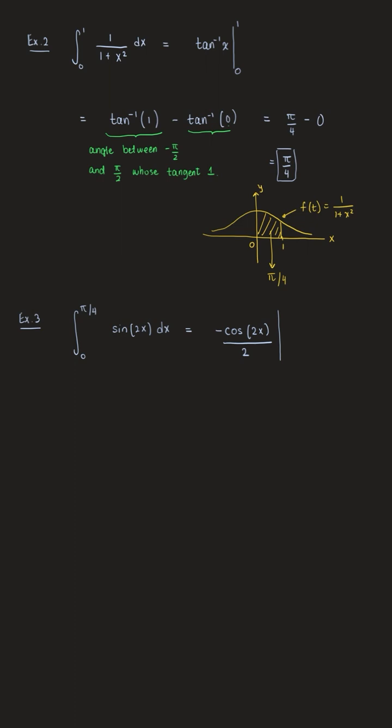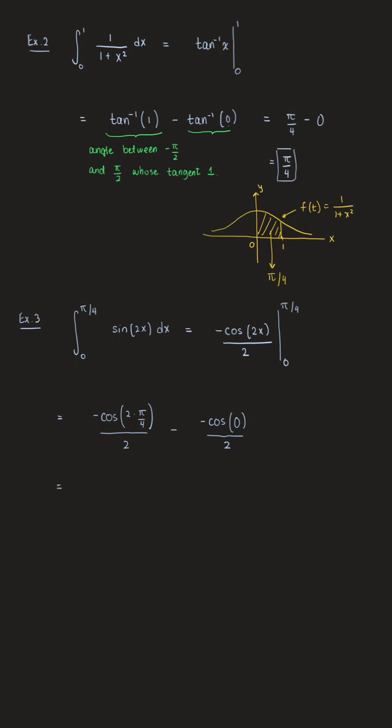And this will get evaluated from 0 to pi over 4. So this will be negative cosine of 2 times pi over 4, over 2, minus a negative cosine of 2 times 0, over 2.